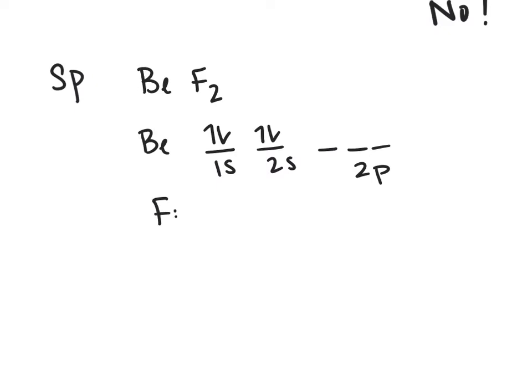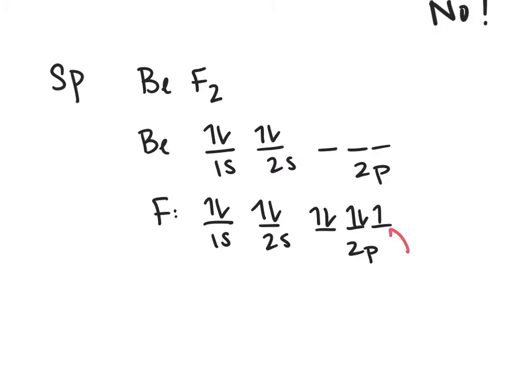We know that fluorine has the 1s, 2s, 2p. And so fluorine has a single electron in a p orbital, so we can create a bond using this orbital here. This is going to be used in bond formation.